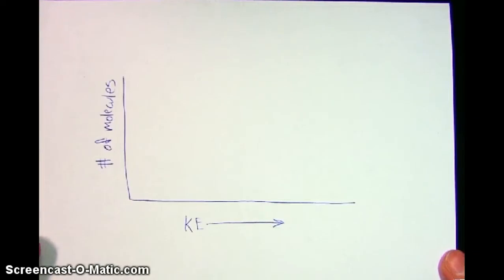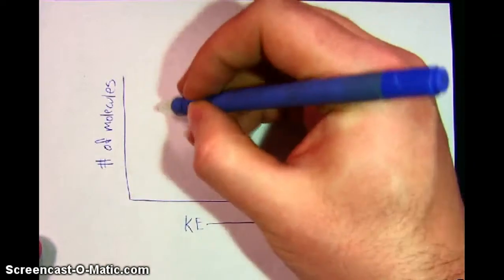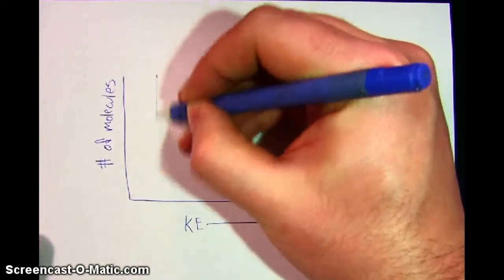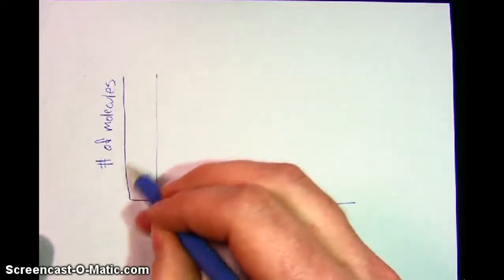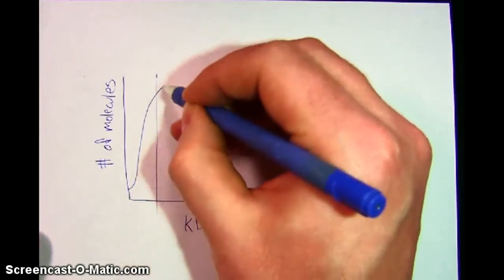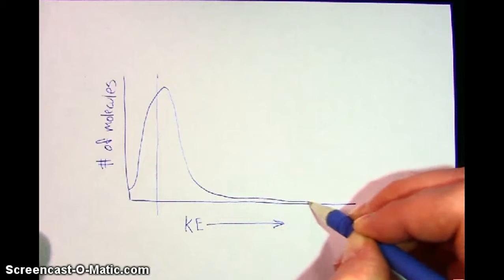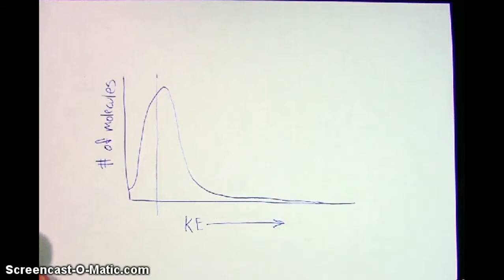I want you to imagine for a second all of the molecules inside of a solid. In any material, all of the molecules aren't going to have the exact same kinetic energy. So if the average is right here, some of them are going to be on the left, some on the right, and there's going to be this big spread with the peak being right around there. And it's going to have this really long little tail getting closer and closer to zero.